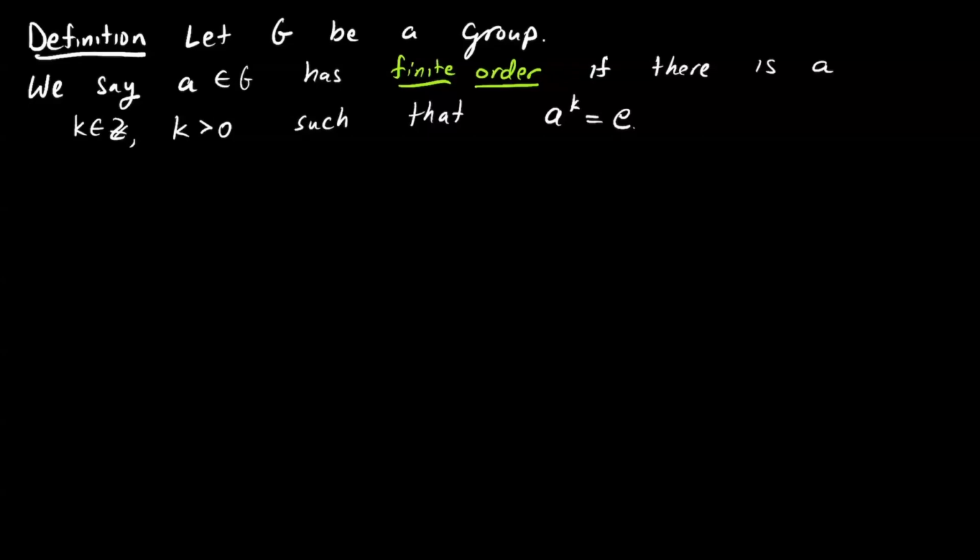Okay, so we're ready to discuss the notion of order of an element in a group. Let G be a group and let A be an element of G. We'll say that A has finite order if there is a positive integer k such that A to the k is equal to e. So if there is some positive power of A that gives me back my identity element, we'll say that A has finite order.